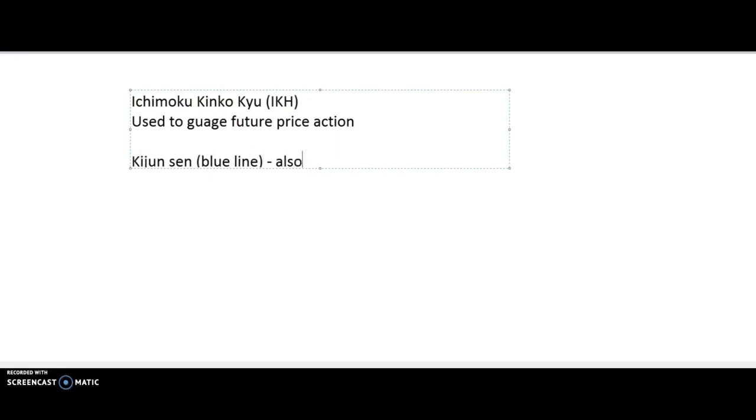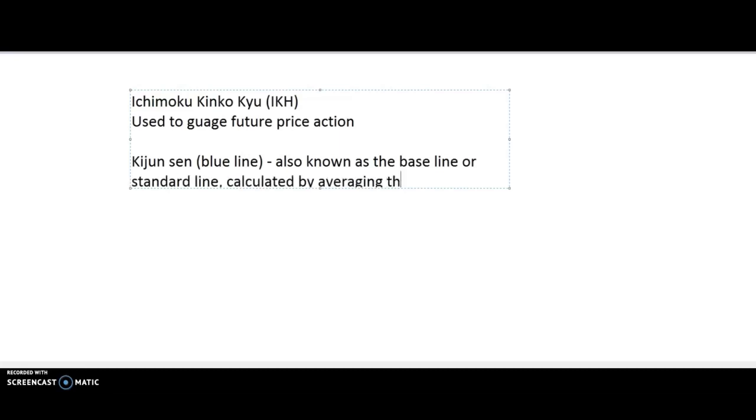This is also known as the baseline or standard line, and it is calculated by averaging the highest high and lowest low for the past 26 periods.